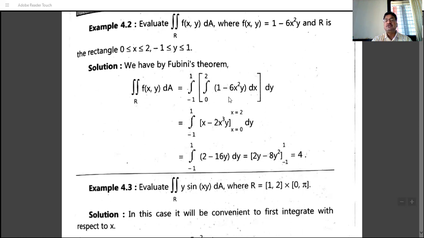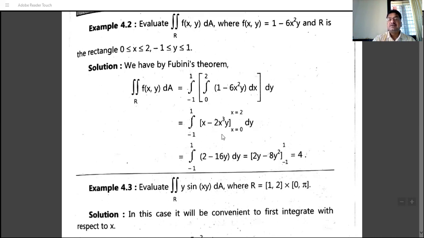Integrating with respect to x, the integral of 1 is x, and minus 6y is now a constant. The integral of x square, by the x raised to n rule, is x raised to n plus 1 divided by n plus 1, that is x cubed by 3. So 6 by 3 becomes 2. And x runs from 0 to 2, dy. Then find the value at the upper limit, substituting x equal to 2, and subtract the value at x equal to 0.